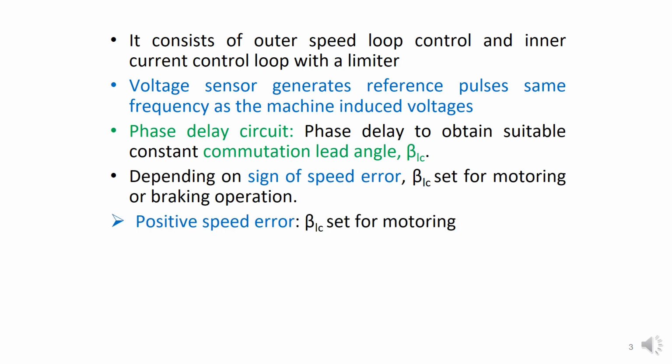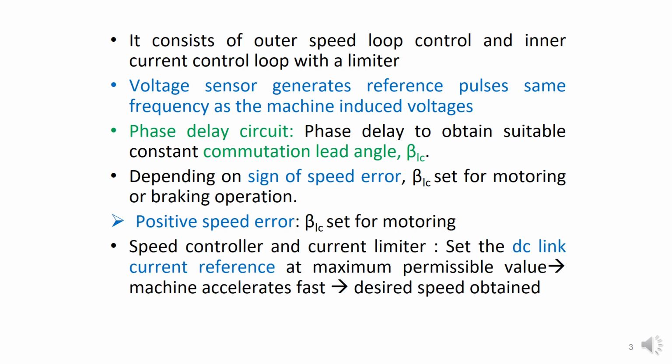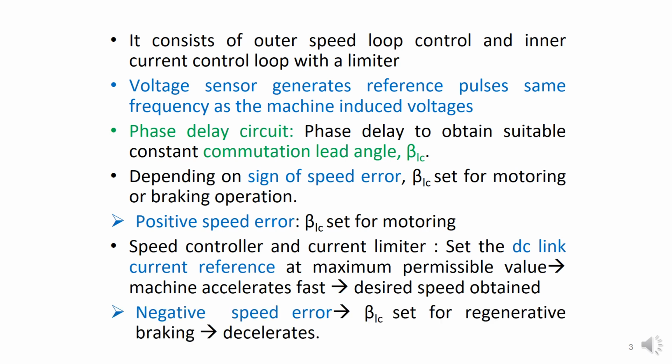For positive speed error, BLC is set for motoring, and the speed controller and current limiter set the DC link current reference at the maximum permissible value. Then the machine accelerates fast and reaches the desired speed. Whenever negative speed error occurs, BLC is set for regenerative braking and the machine decelerates.